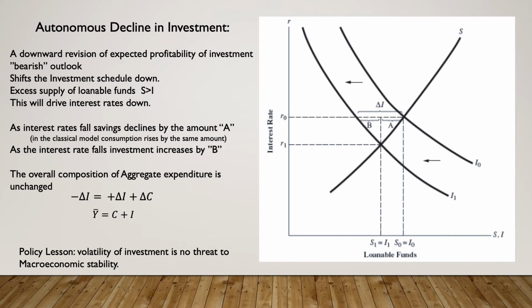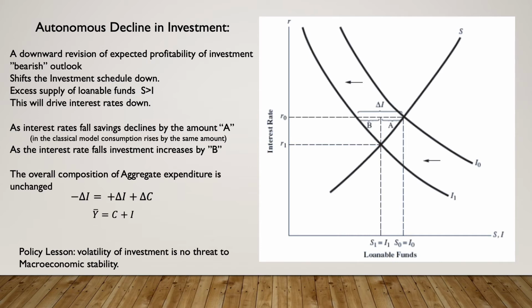Let's look at this. We have, again, the interest rate on the y-axis, and loanable funds on the x-axis, the amount of savings and the amount of investment. We're going to start off with the black line that is consistent with our investment demand schedule, I0. So you can see it there, the downward sloping investment demand schedule.